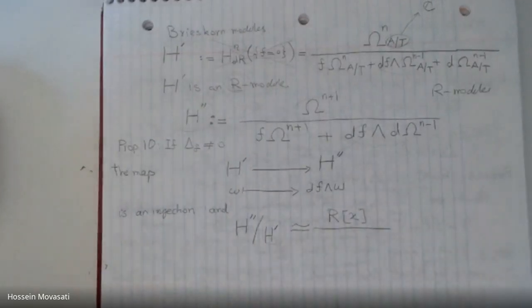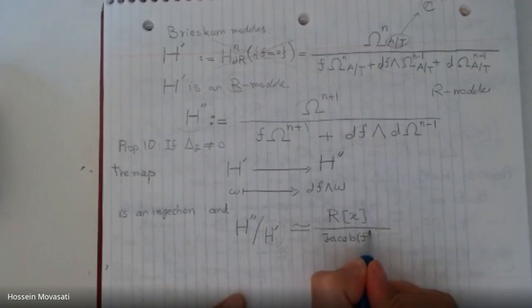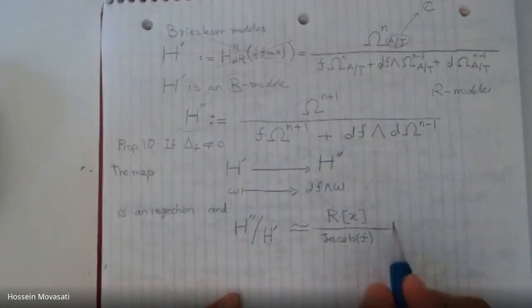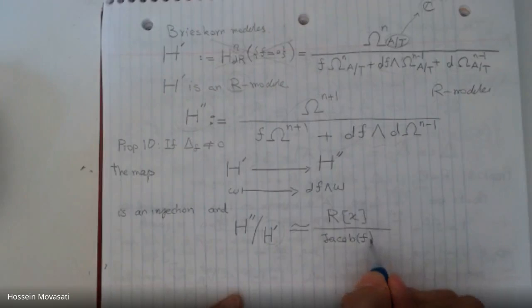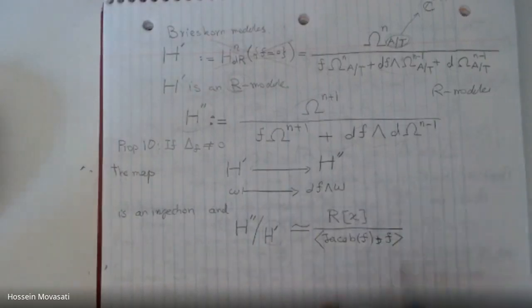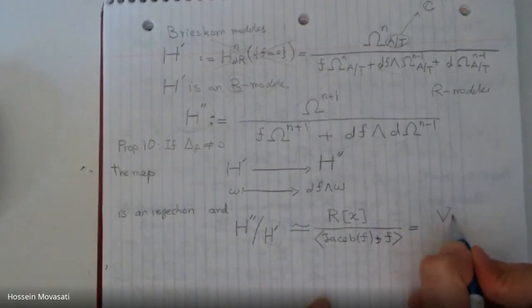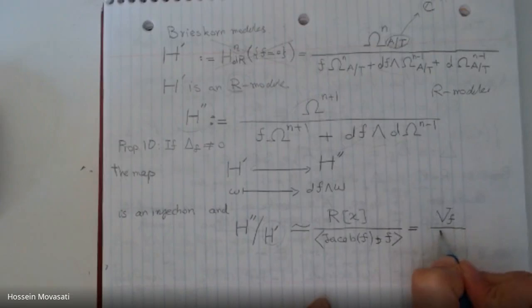Remember that for the Milnor vector space, we divided by the Jacobian of f, but this quotient will be by the ideal generated by the Jacobian of f and f itself. In some sense, if I want to write it, this will be V_f quotiented by f times V_f.